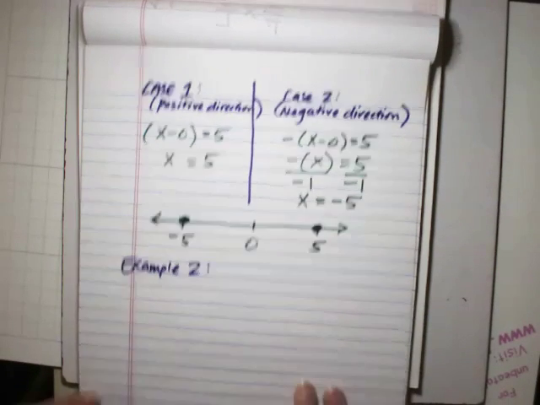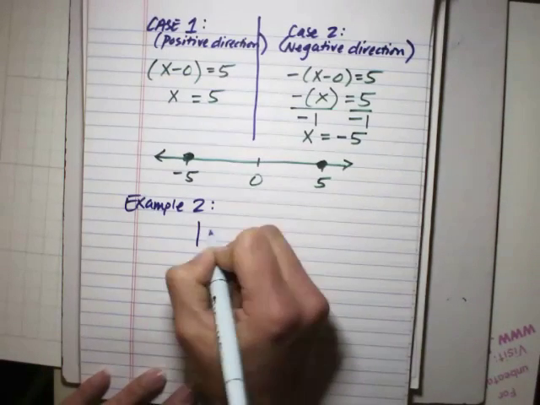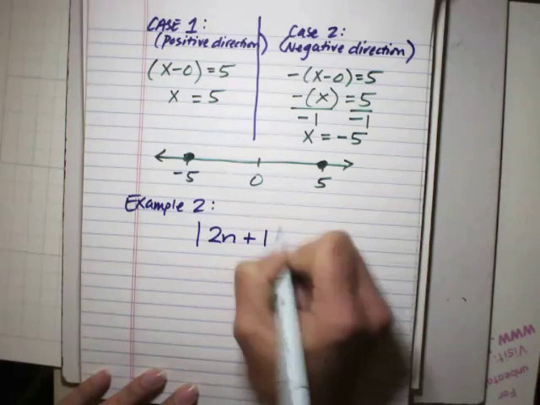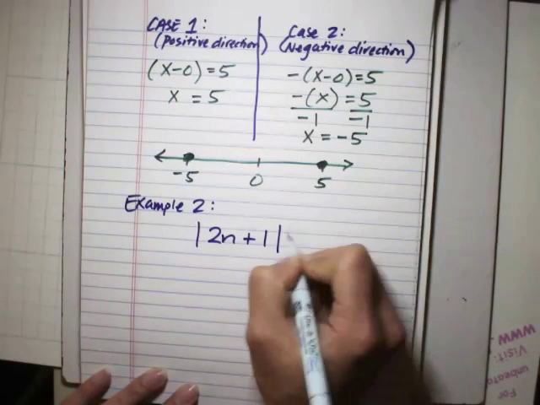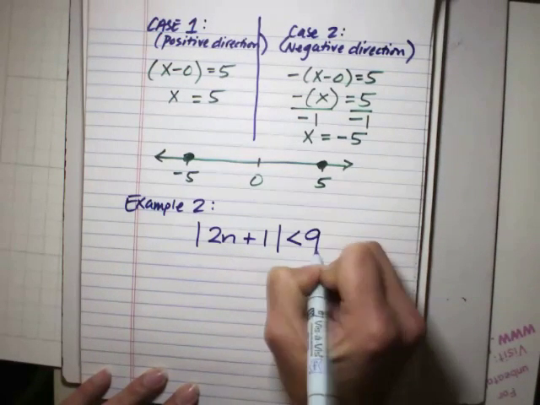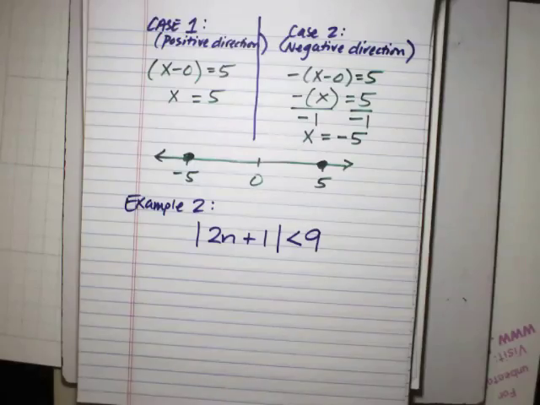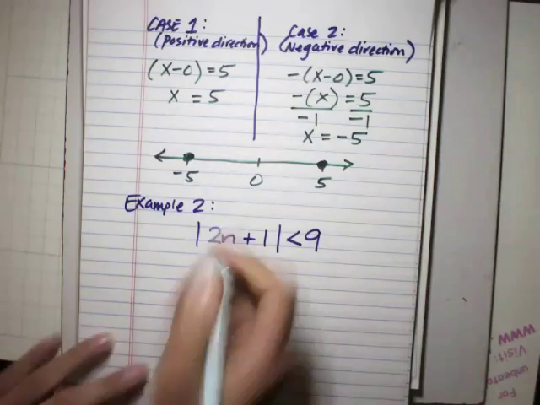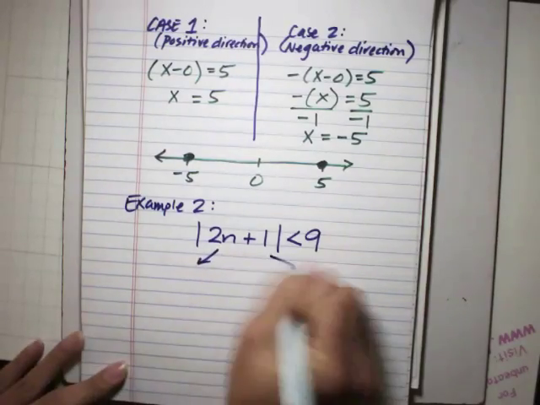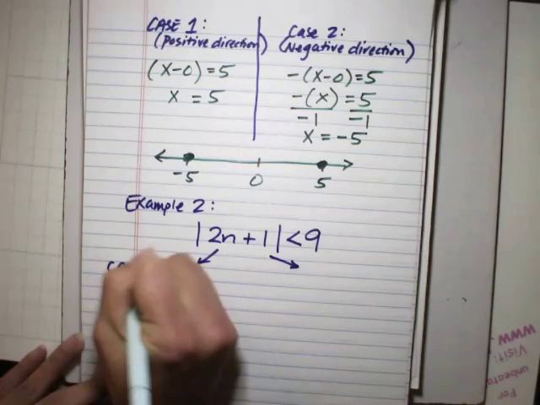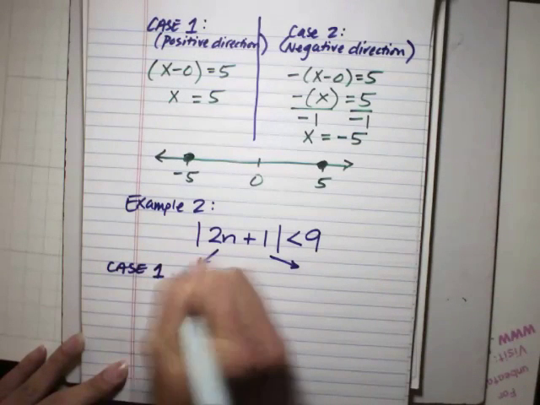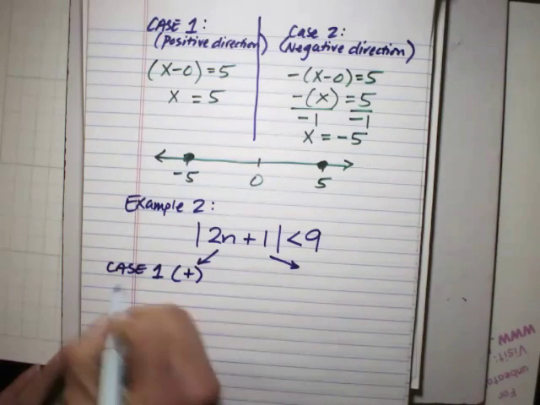Example number 2 is going to look like absolute value of 2n plus 1 is less than 9. So again, we're going to break it out to two different cases. Case 1 is the positive case.